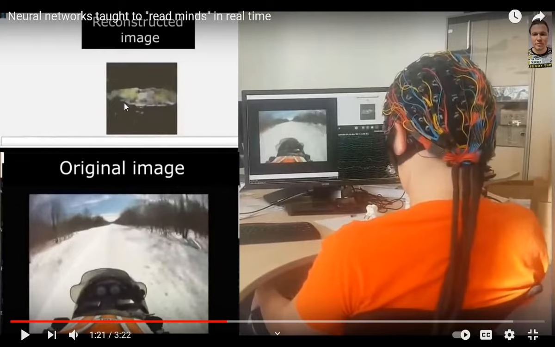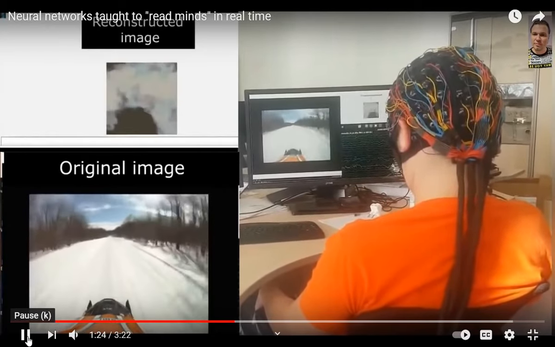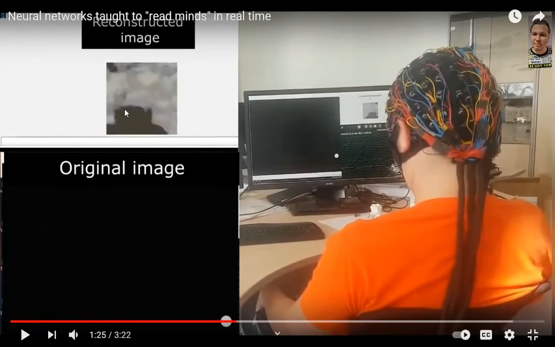So that's why they're getting this faint image. But it manages to pick up shapes almost perfectly. Because that's a remnant of what that guy was just seeing. That's a final remnant of that snowblower or a snow.